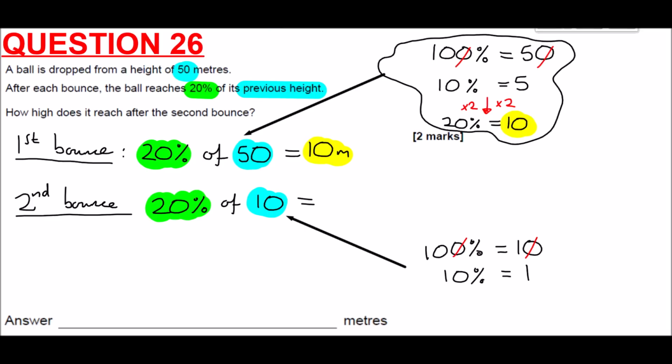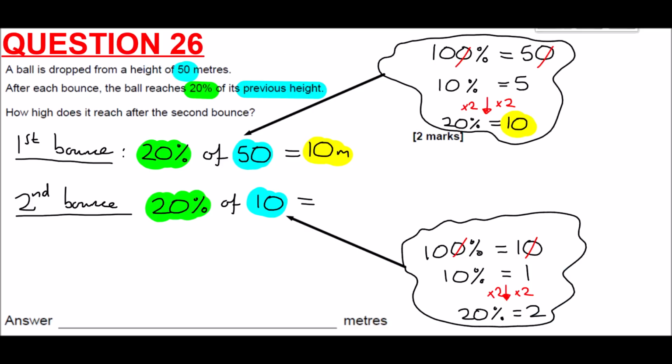So to get 20%, we can just multiply both sides by 2. So times 10% by 2 to get 20%, and times 1 by 2 as well. So 20% would be 2. And so that's the question done, really. So after the second bounce, we'll get to 2 metres. So the final answer is 2 metres.